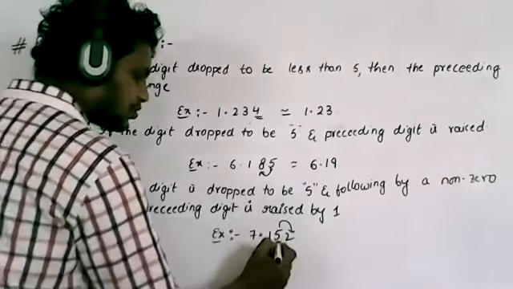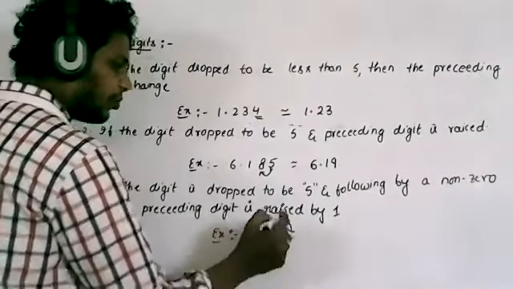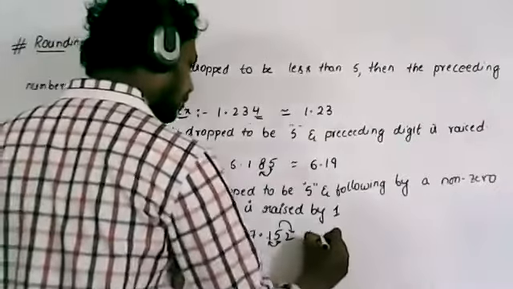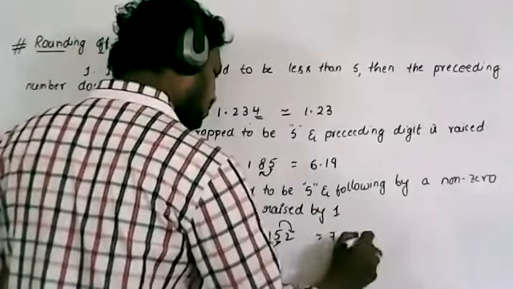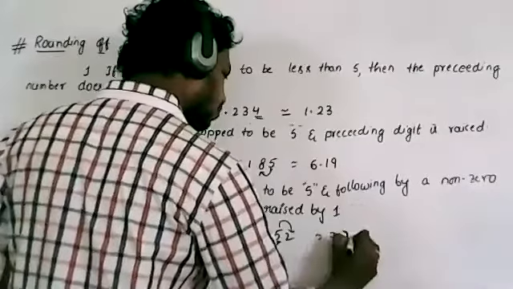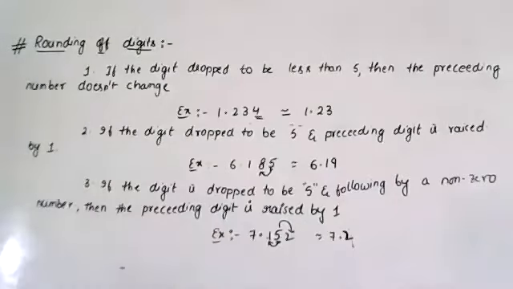So if it is a non-zero number, you can raise the preceding number by 1. That is approximately 7.2. You can write it like that. Okay, so please copy these 3 steps. Then we'll go for the next rule.